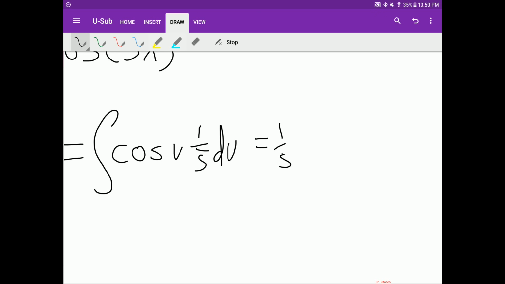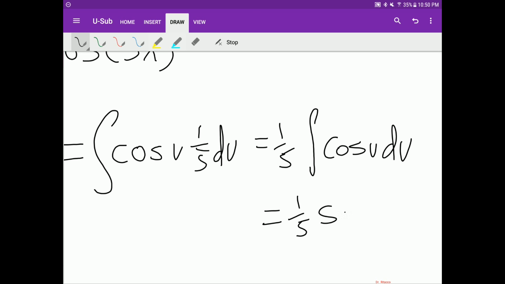My constant comes outside. The 1/5 cosine u du is equal to 1/5 sine u plus c, which is 1/5 sine 5x plus c.